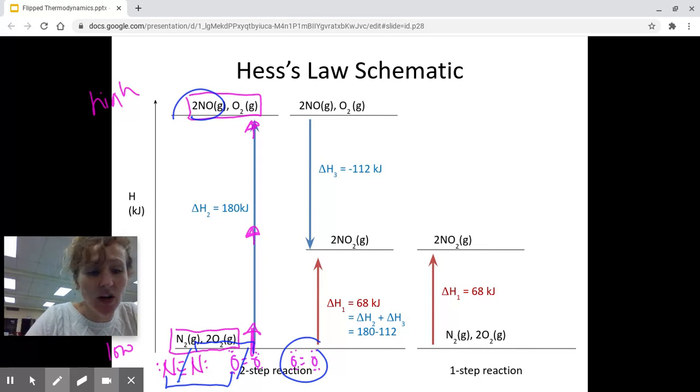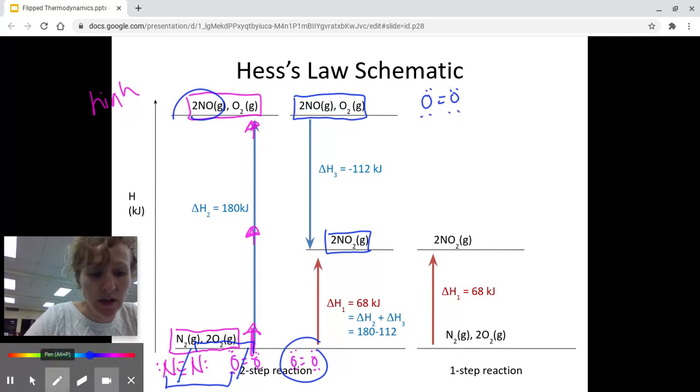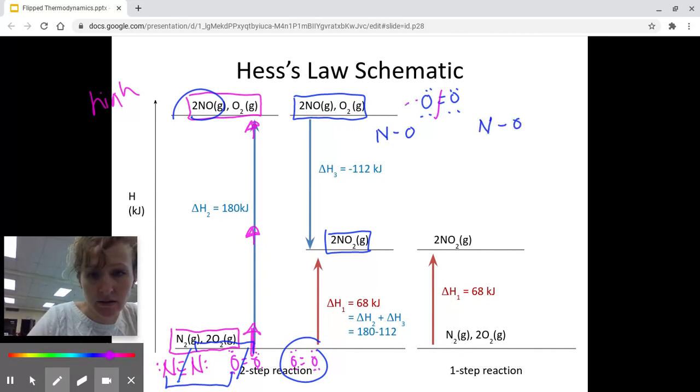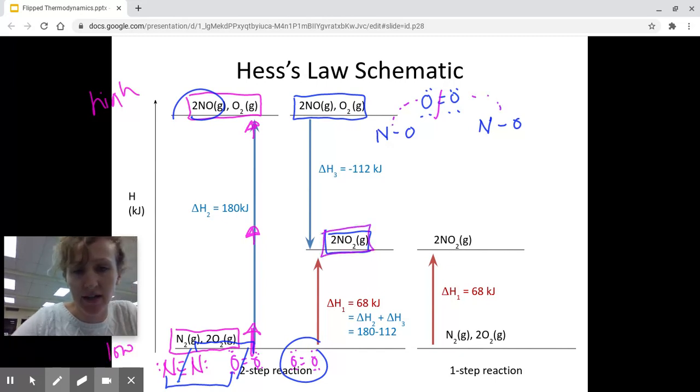And then you start on the second step. You start there, and you end with nitrogen dioxide. So what happens there must be that the oxygen that's remaining also gets broken. And then each of these oxygens gets attached to a nitrogen monoxide molecule to form nitrogen dioxide there.